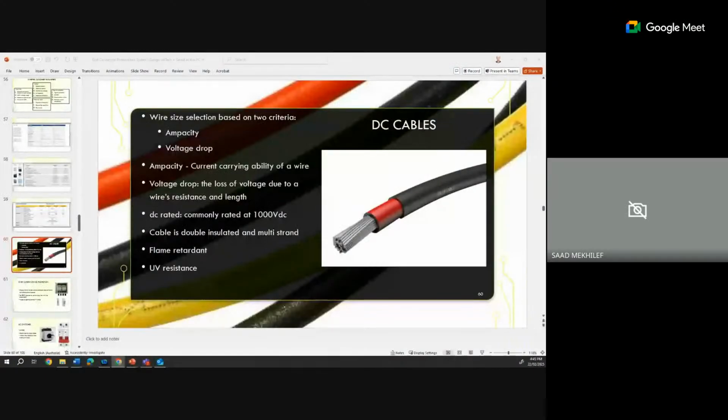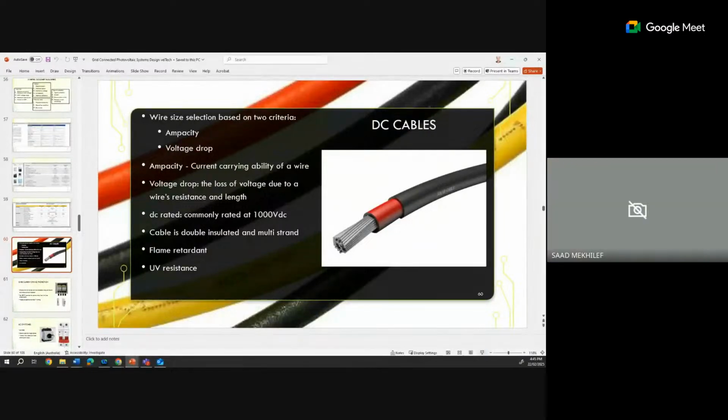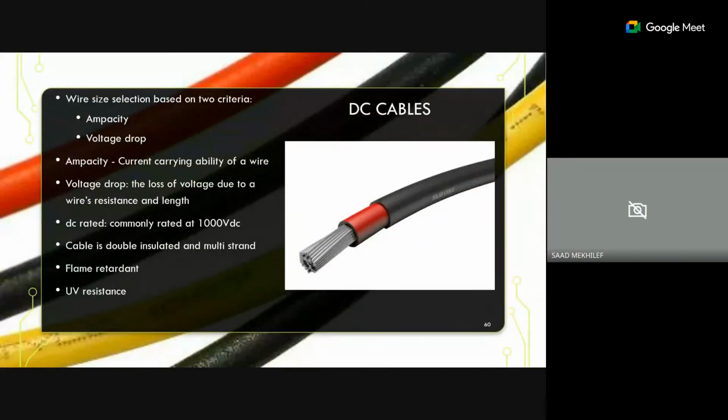Okay, it's coming. And then put on slideshow mode. Can you see? It's not in slideshow mode. It's coming. How about now? Yeah, it is fine. Okay, good. Thank you.